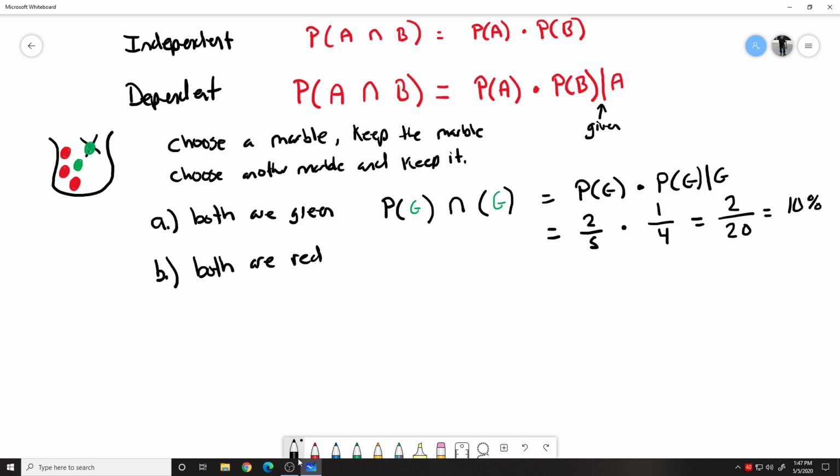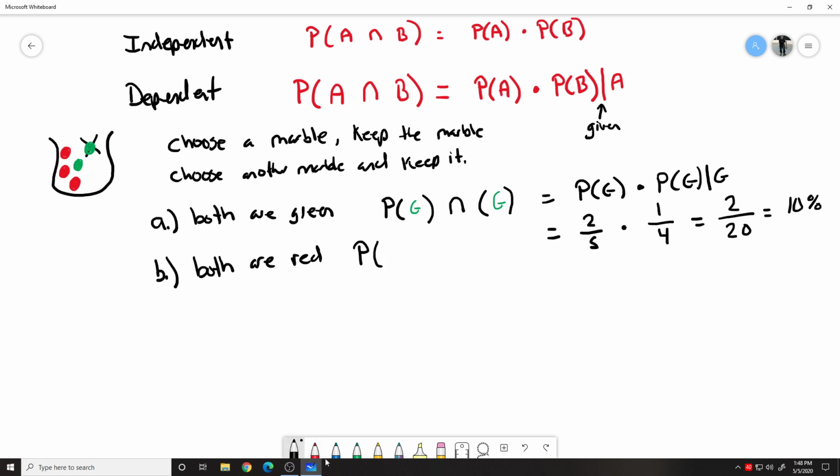Think about that for a second before we do it. Do you think you have a higher chance of getting red, and why would you? Or do you have a lower chance of getting 2 red, and why would that be? Okay, so let's work it out and find out if you're right, whatever choice you pick there. All right, so both are red would mean I would have to do the probability of, let's write it.